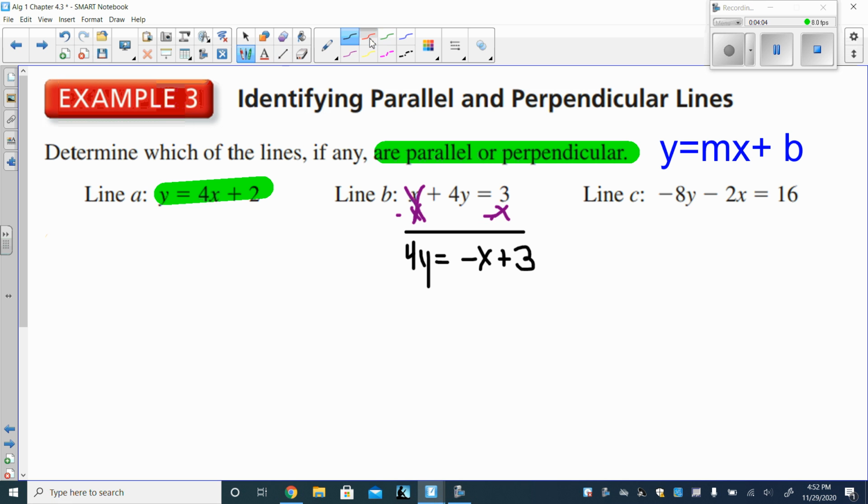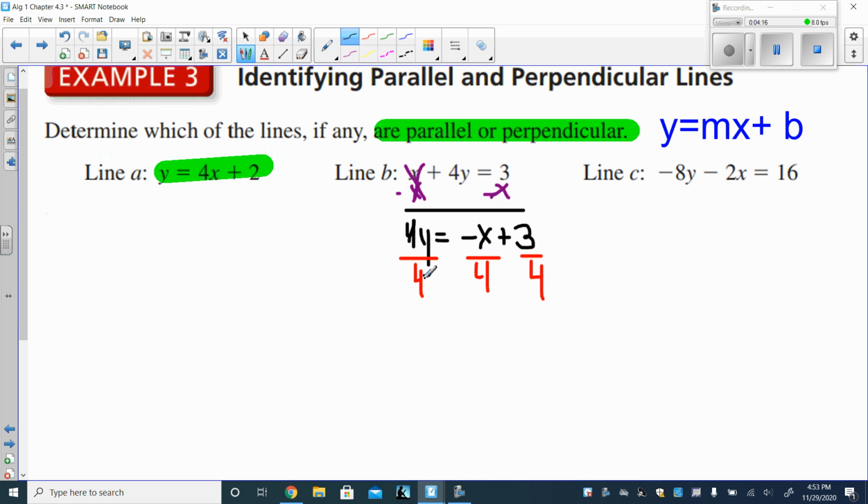So we still need to simplify further by dividing everything by 4. The 4 and 4 simplify, leaving me with just y is equal to negative x over 4, or -1/4 x plus 3/4.